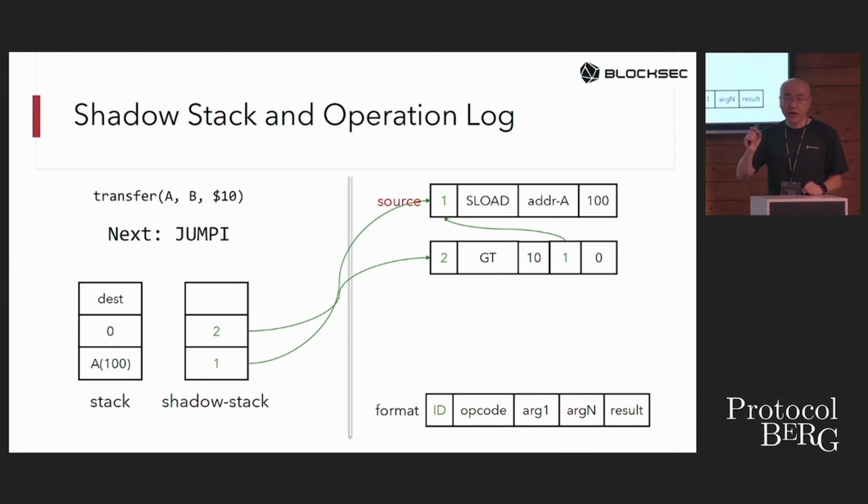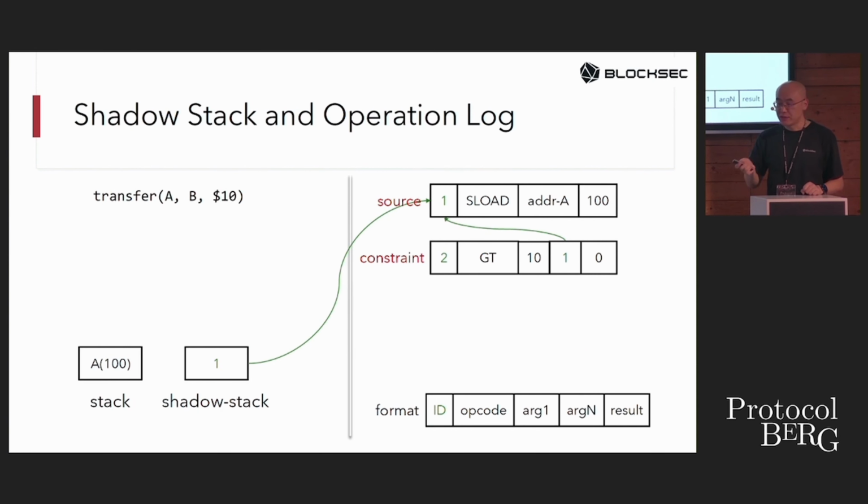After that, we will have a jump I instruction, because this is a conditional jump. It will depend on the comparison result of the balance A and the 10. So in this case, we will add a property to operation 2, because it's a constraint. We only execute the following instructions if and only if this comparison result is true.